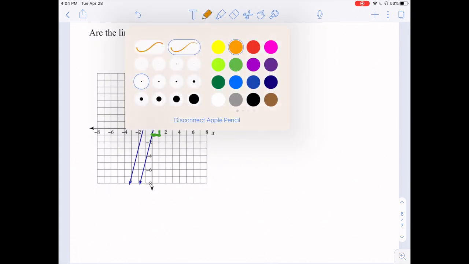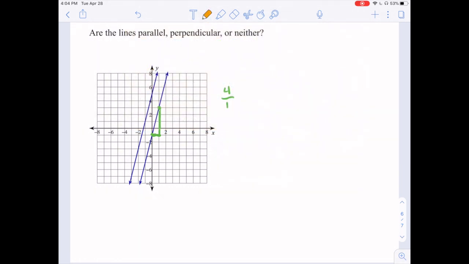And then my other line crosses there and there as well. It goes over 1, up 1, 2, 3, 4. So the slopes are the same, so the lines are parallel.